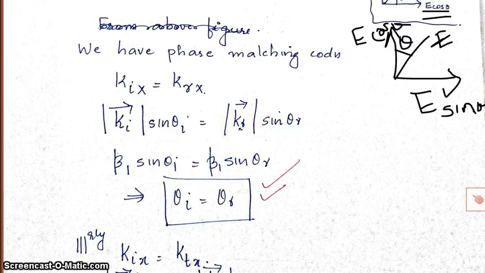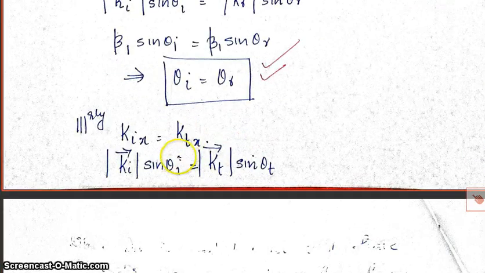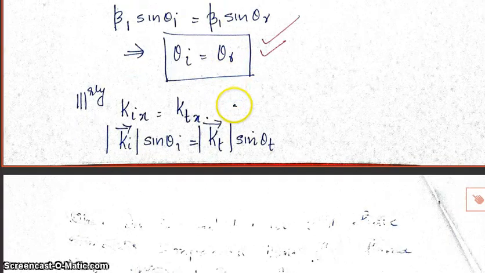That is also beta 1, because your reflected vector is also in your first medium. So I can write it as beta 1 into sin theta R. So this beta 1 cancels. I will get sin theta I is equal to sin theta R, which can be written as theta I is equal to theta R. That is, the incident angle is equal to the reflected angle.